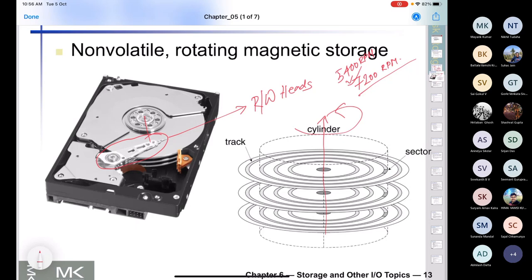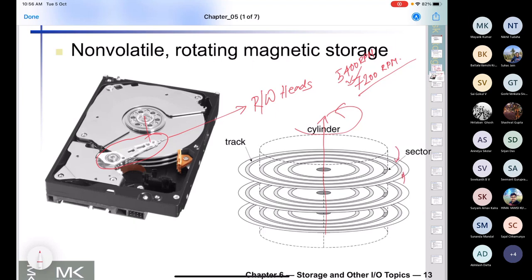Now several technical terms have to be introduced. First of all, the data is stored in circular portions called tracks on each of the disks. Both sides of the disks can contain data.